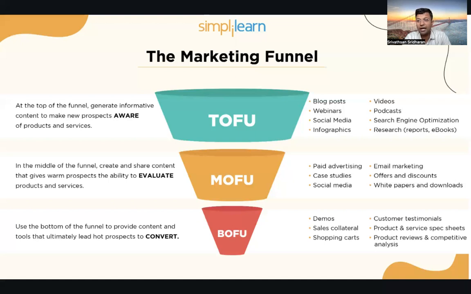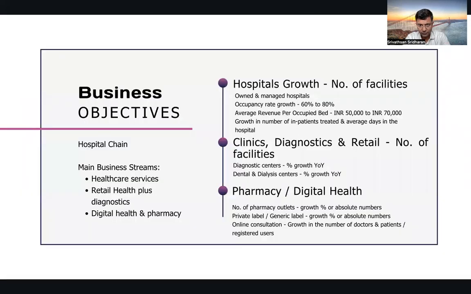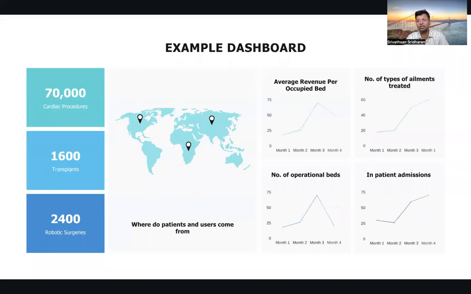So your KPIs are getting defined like this, so that it aligns to your dashboard, which is, are you having a very high average revenue per patient? Okay, I am having an average revenue. Is it from the cardiac? Is it from the transplants? Or is it from the robotic thing?